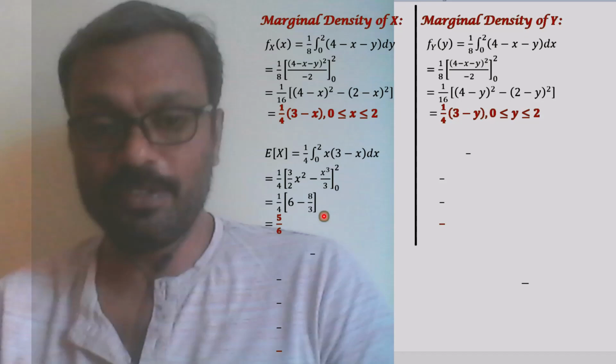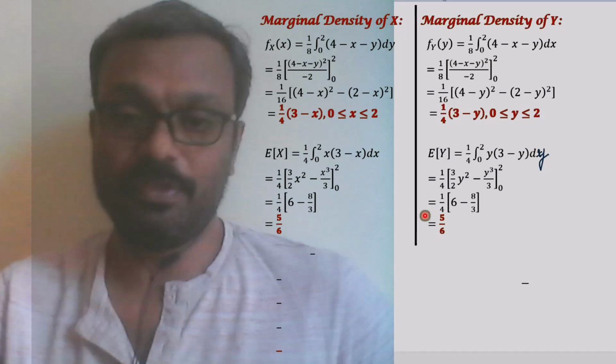Similarly, expectation of y in case of two-dimensional random variable is the integral in the range of y of y into marginal density of y into dy. On evaluating the integral, we get the expectation of y to be 5 by 6.